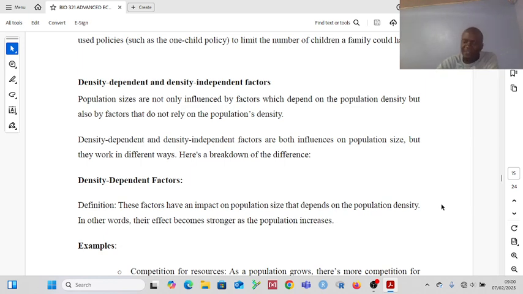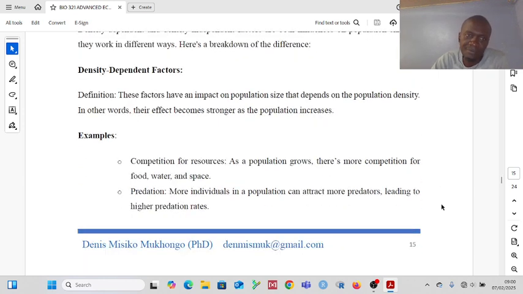So let's delve in a bit more and see. With the density dependent factors, these factors have an influence on population size. Okay? And they depend on the population density.